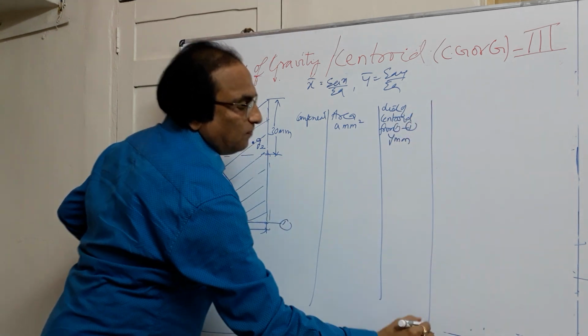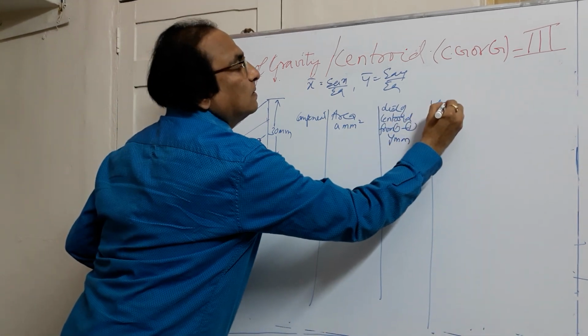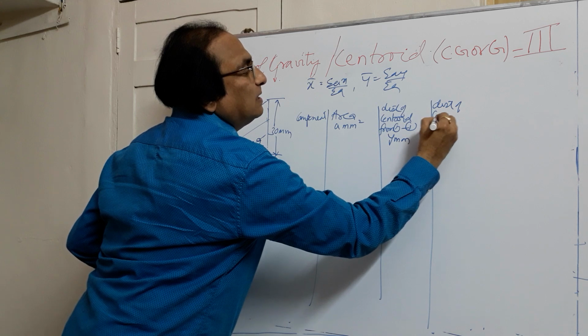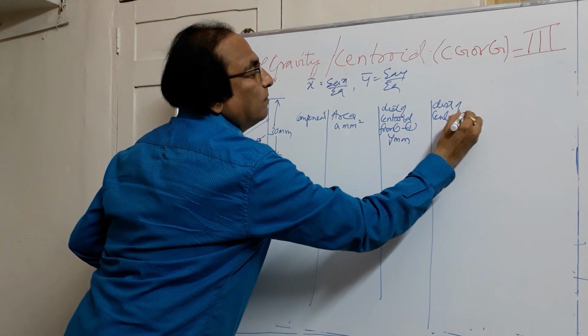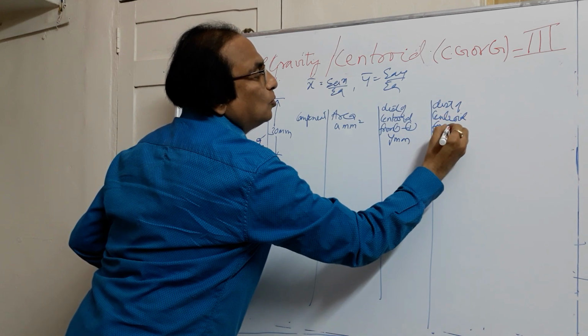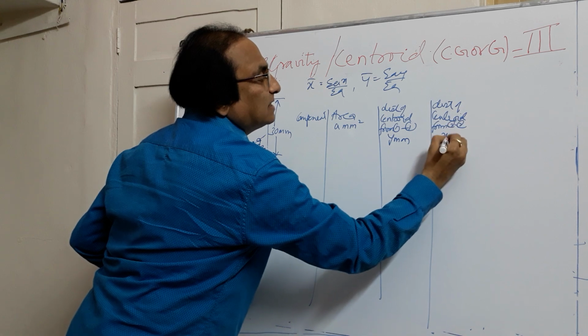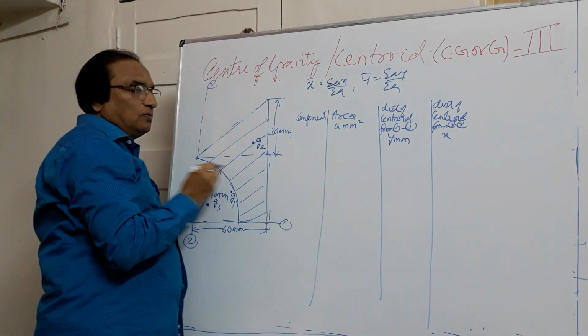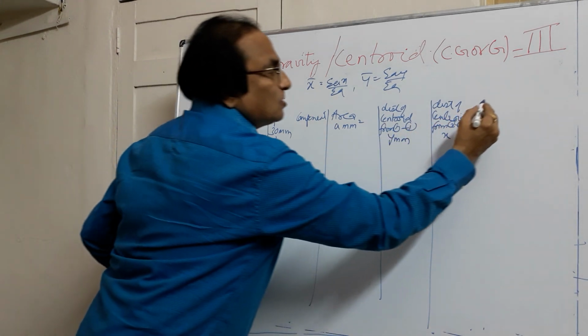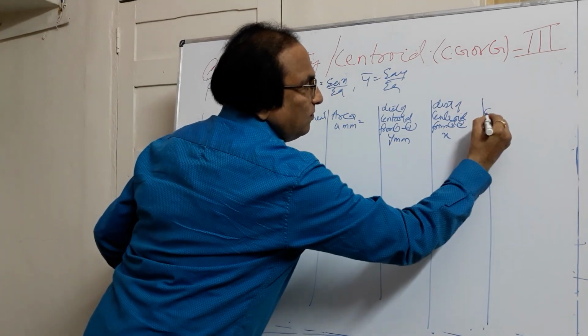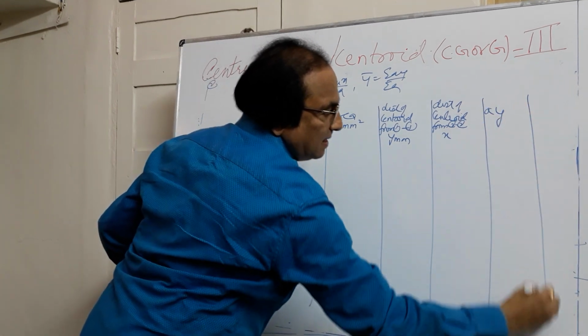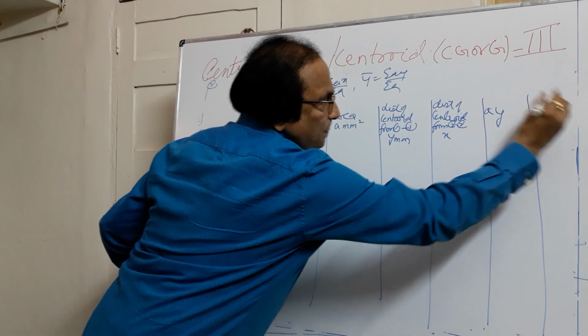Then we'll go for distance of centroid from 2 2. So we'll call it as x. So whatever distance I measure from 2 2 will be the x distance. So once you know these two, then we'll go for AY and AX.